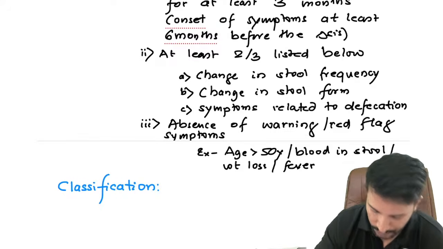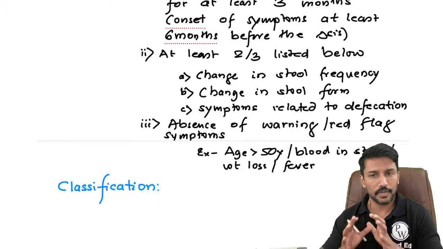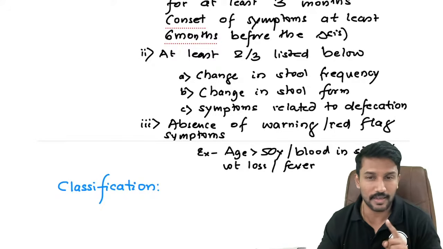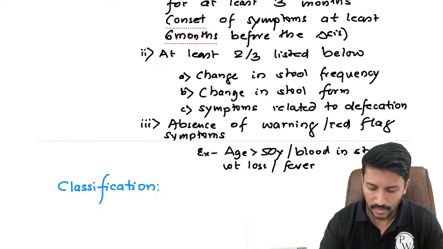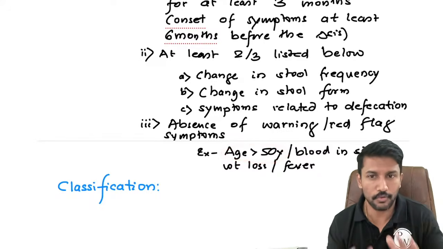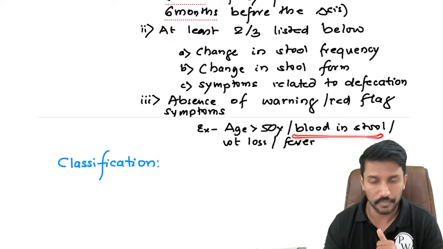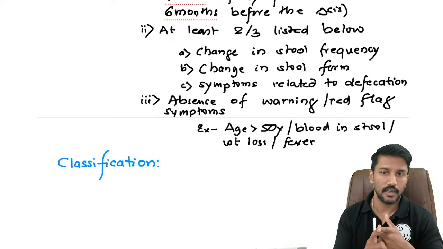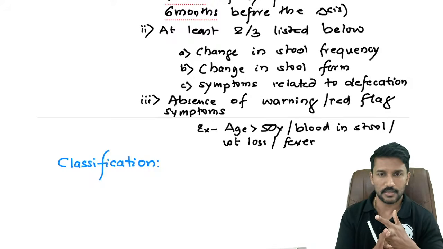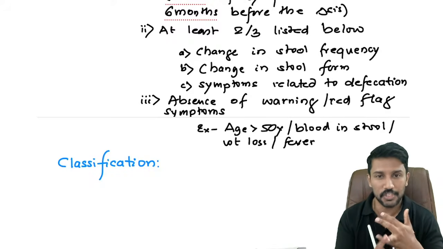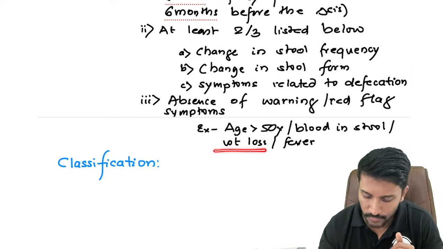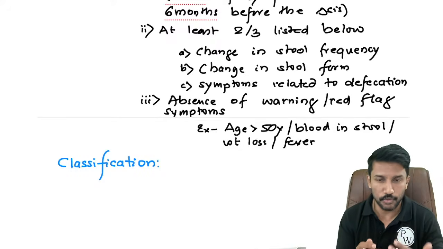What do they suggest? If age is more than 50 years, there's every possibility that the patient may be having a colorectal cancer. So it's a warning sign, right? So it should not be there. I have to rule this out before I make a diagnosis of irritable bowel syndrome. If there is blood in stool, it could be ulcerative colitis, right? Or it could be mesenteric ischemia. If the patient is having weight loss, it may be pointing towards ileocecal tuberculosis or colorectal cancer.